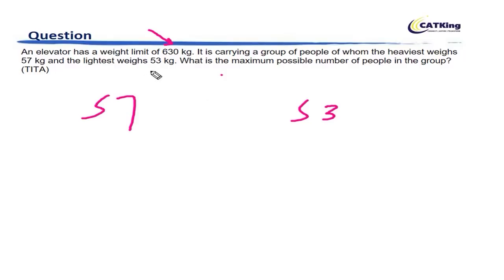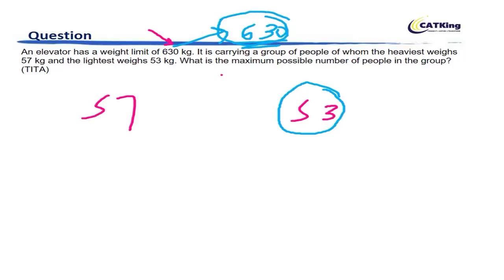Now, if you want to maximize the number of people in the group, you will try to include more people of lesser weight, because the weight is a constraint, right? So 630 is the constraint. Here particularly there is not much of a concept. It is basically a common sense based question. Now all you have to do is maximize this, so you will minimize the number of heaviest weight people.